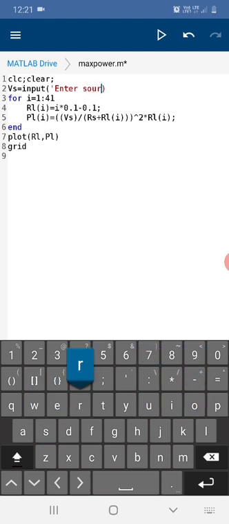So you can see, Enter source voltage Vs, space, Vs equal to, single quotation close.